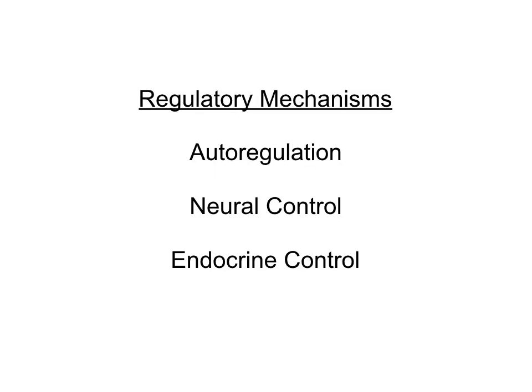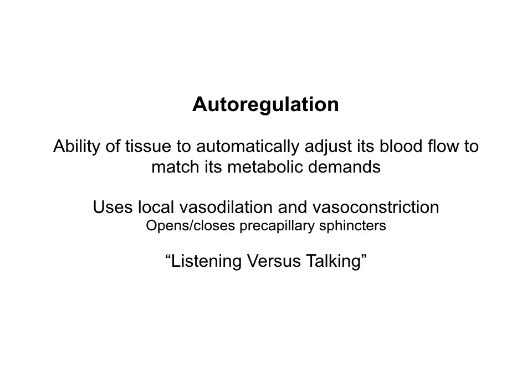Now, let's talk a little bit about how we regulate pressure and flow. There are three main regulatory mechanisms used to help maintain pressure and flow. There's autoregulation, neural control, and endocrine control. Autoregulation describes the ability of a tissue to automatically adjust its blood flow to match its own metabolic demands.